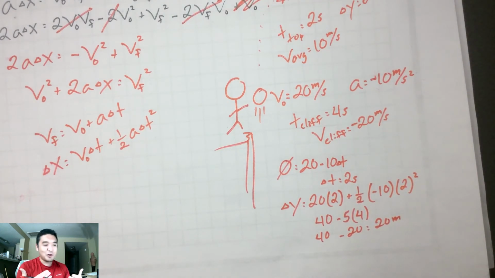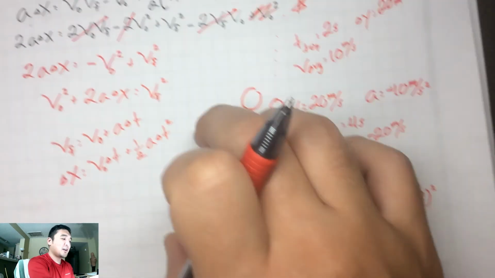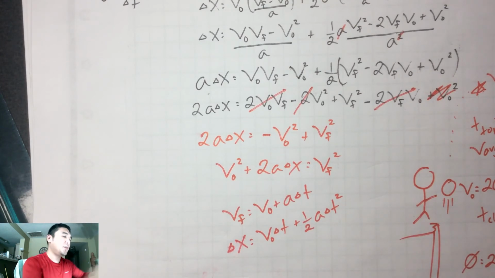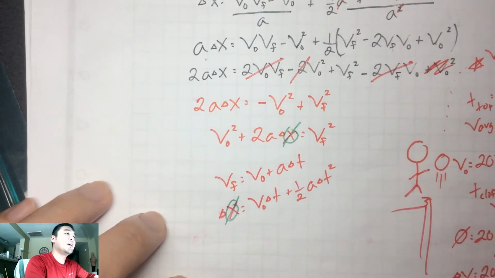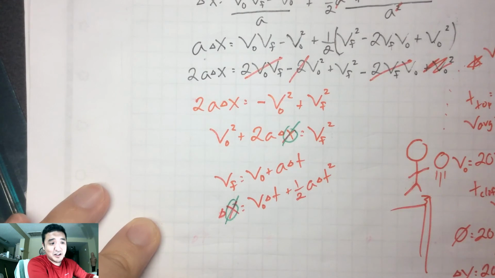Okay. What about whenever it comes back down and we catch it again? What happens at that point? Well, if we consider displacement back to the beginning again, the displacement is 0, right? So let's take a look over here. If we have a displacement that is 0, then this is 0, and if anything is multiplied by 0, you just cancel out the whole thing.